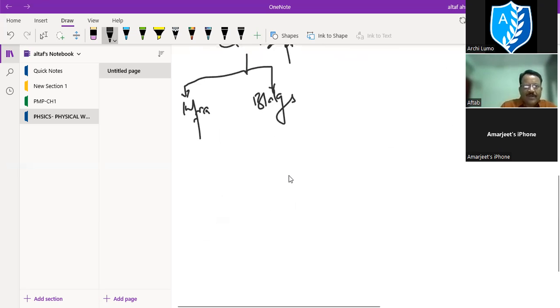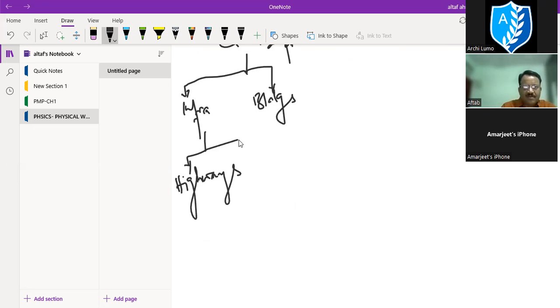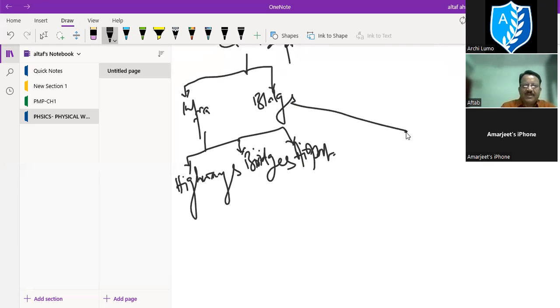In infrastructure, maybe highways, bridges, airports, lots, anything can be there. In buildings, maybe commercial, maybe residential.